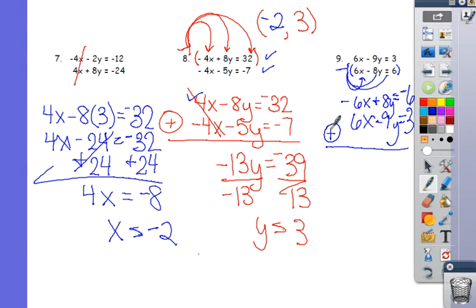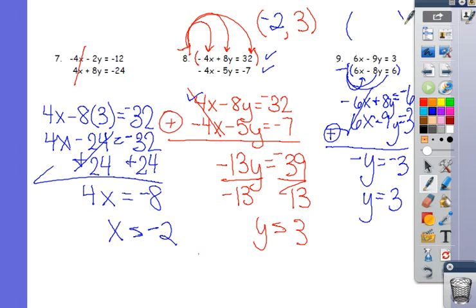Okay, we're adding these. The 6x's will cancel. 8y and negative 9y is a negative 1y or a negative y. Negative 6 and 3, or negative 3. Negative 6 plus 3 is negative 3. Divide by negative 1 and you get y equals 3.